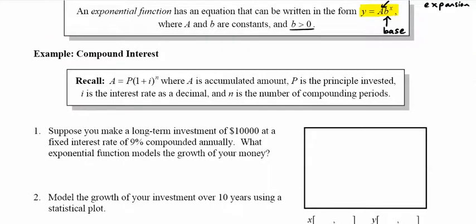Okay, so I hope that last year you learned about compound interest. That when you invest a starting amount at a certain interest rate for a certain number of years, then A is your total amount.